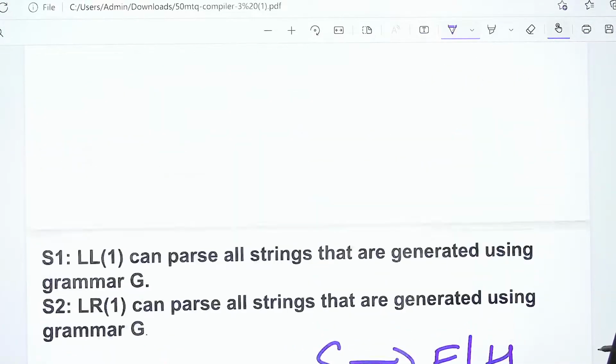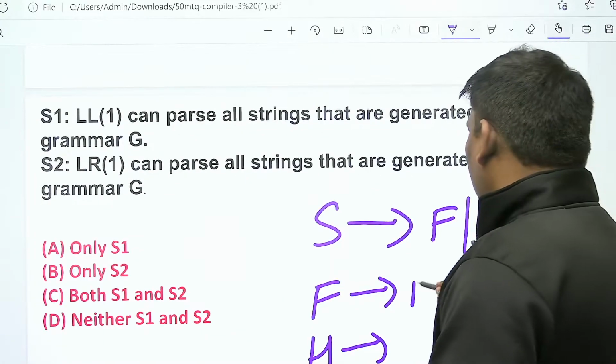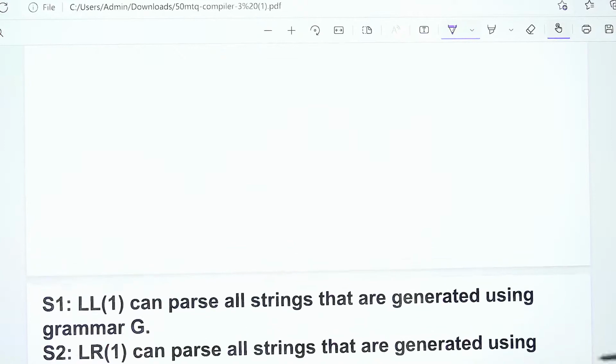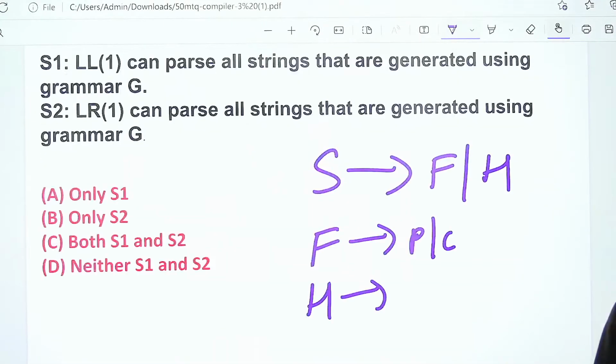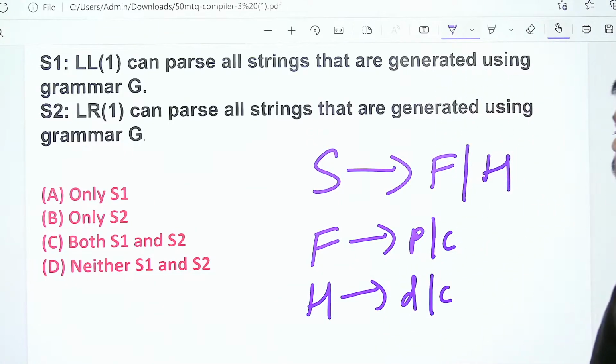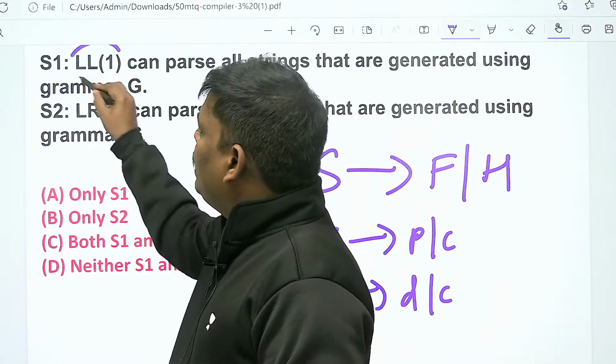F goes to P and C. Next, H goes to D and C. So S, F, H are variables. P, D, C are terminals. Careful. So S1 is saying that the given grammar is LL1.